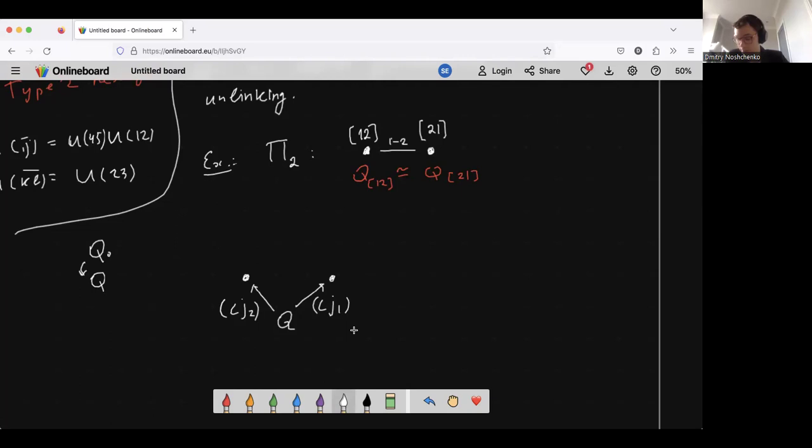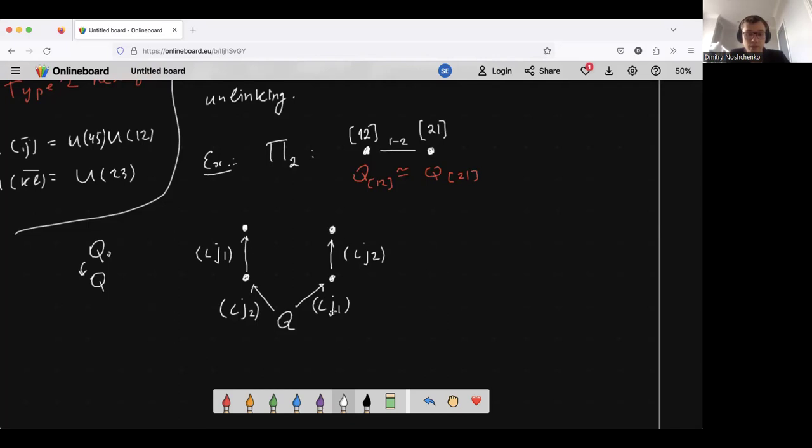Yeah, this is step 1, and in step 2 we apply exactly the same unlinking as in the hexagon. So now we unlink j1, j2, and iota j1. Since we have a permutation here, first apply j2 and j1.